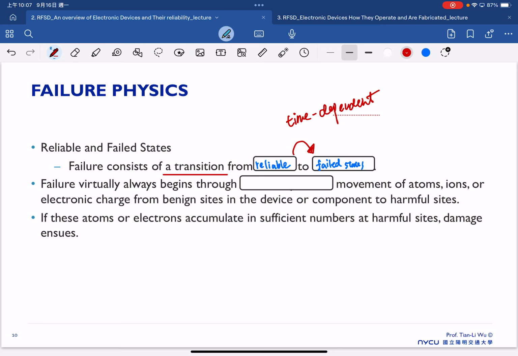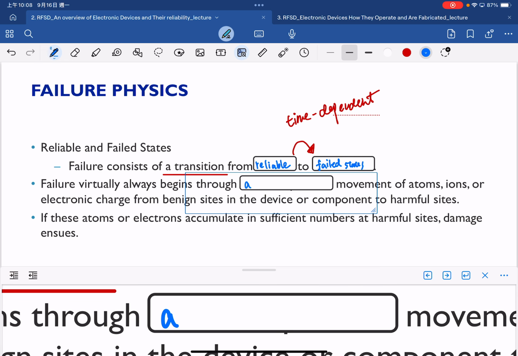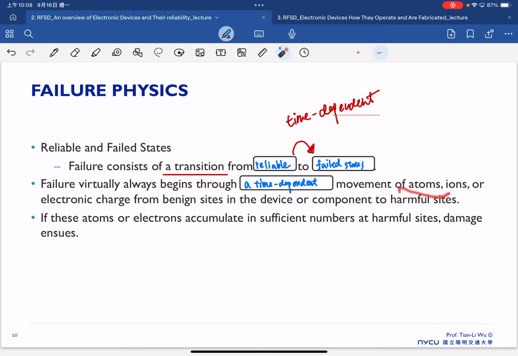So failure virtually always begins through a time-dependent movement of atoms, ions, or electronic charge from the benign side, that means a good side, in the device or component to the harmful side.